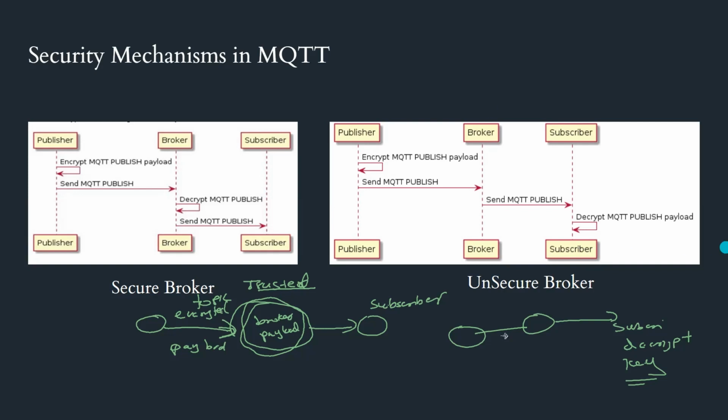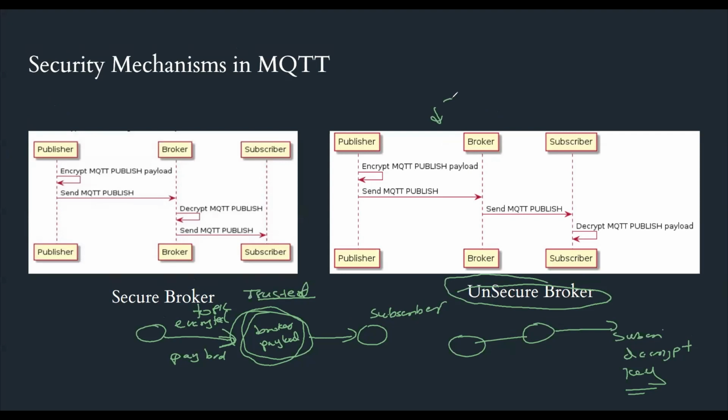So the second method is safer than the first one, since the broker is unsecure. The total communication between the publisher and subscriber is done through encrypted data packets, through an unsecure broker.